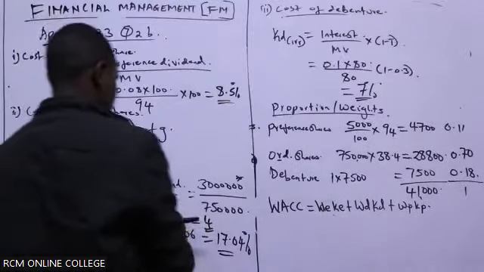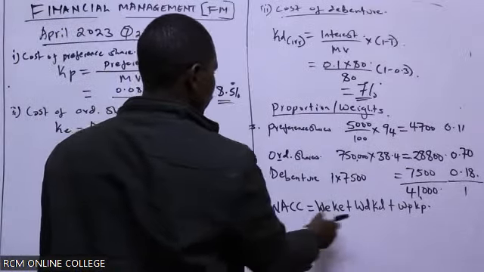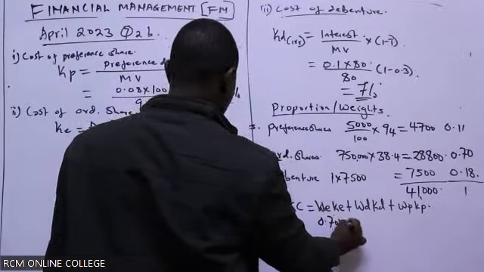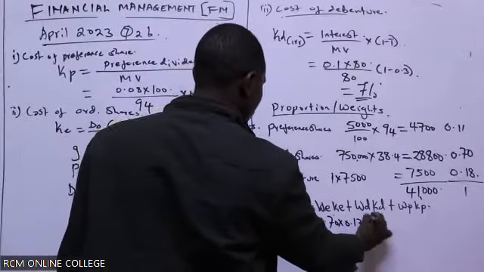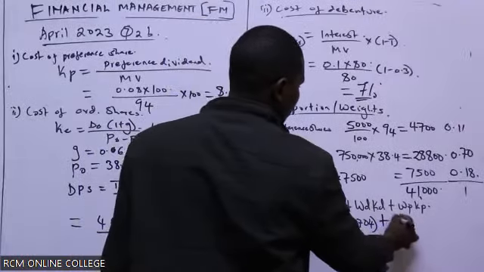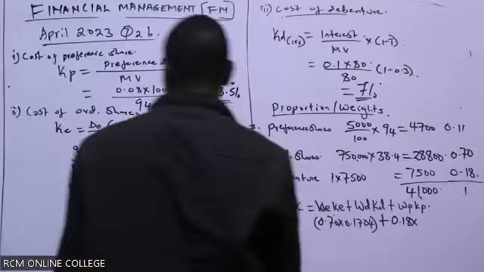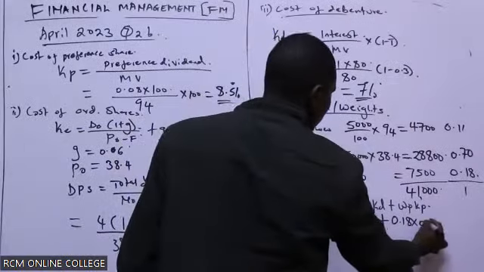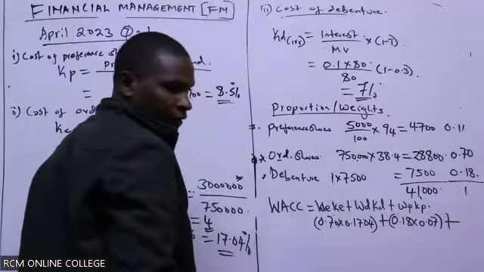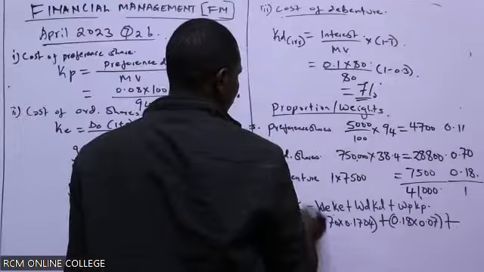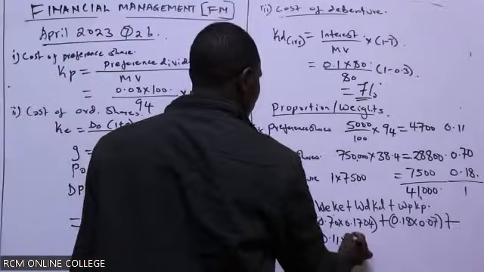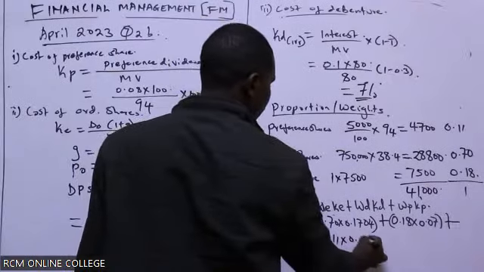Weight of equity iko wapi sasa? 0.70 times 0.1704 plus weight of debt iko wapi? 0.18 times cost of debt 0.07 plus twende kwa hii ya mwisho. Preference share ndio hii, 0.11 times 0.085.